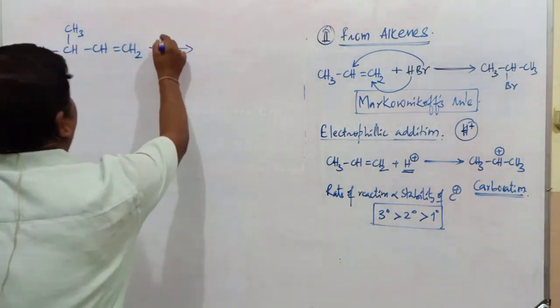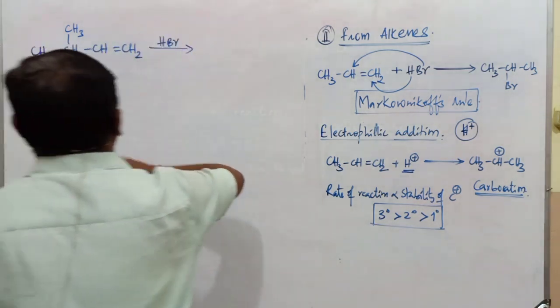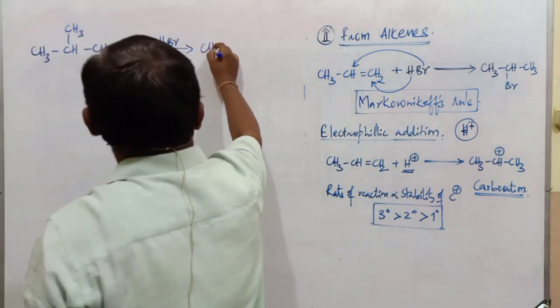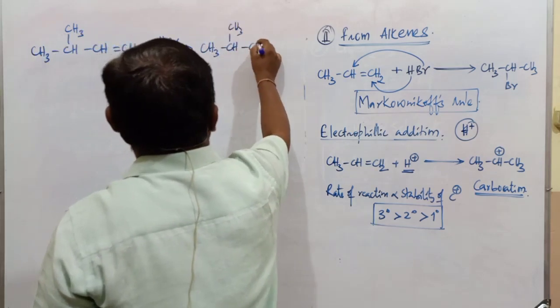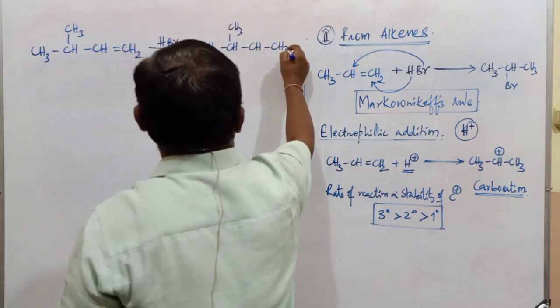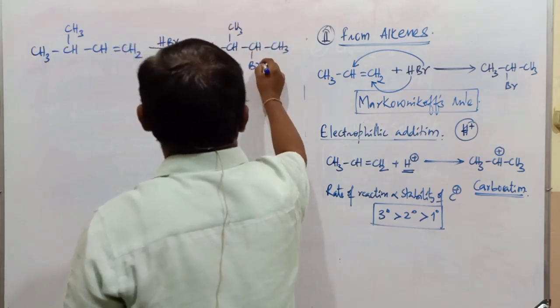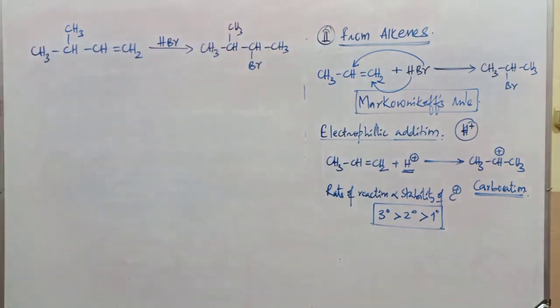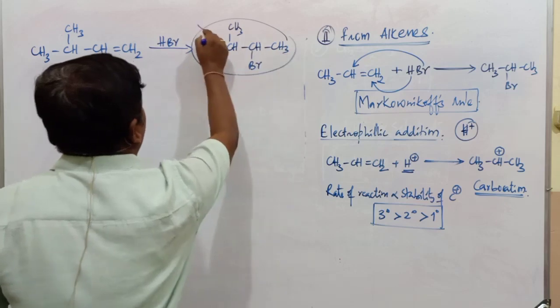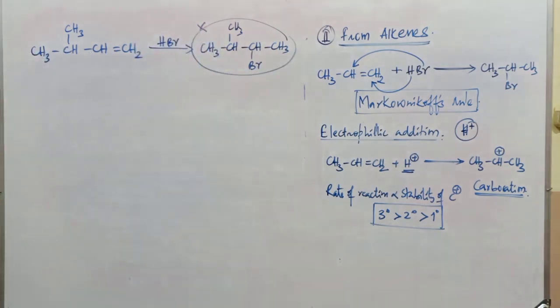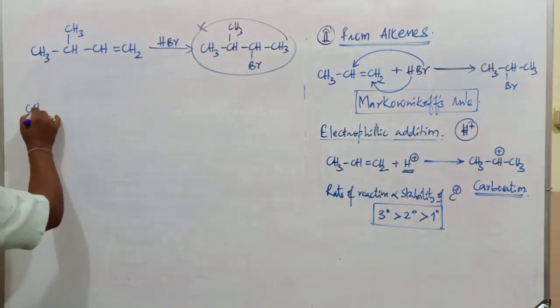When it is treated with HBr or HCl, it makes no difference. So what is the compound? CH3, CH, CH3, next CH, next CH3, and next bromine. If you are predicting this compound, it is incorrect. It is not the correct product. Why is it not the correct product?